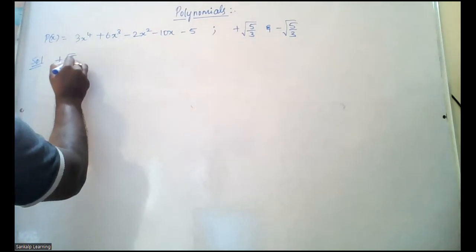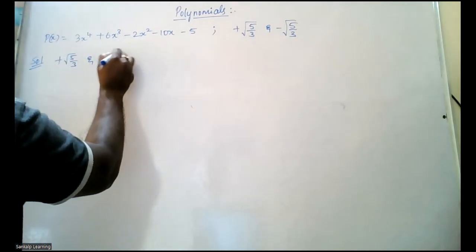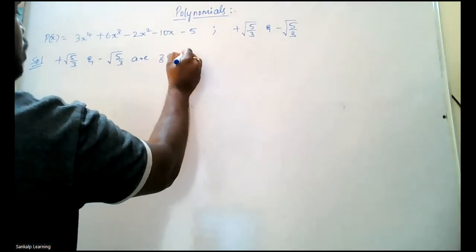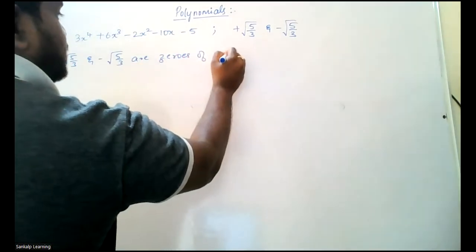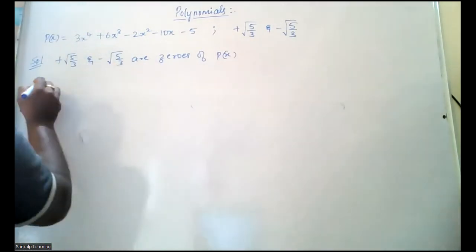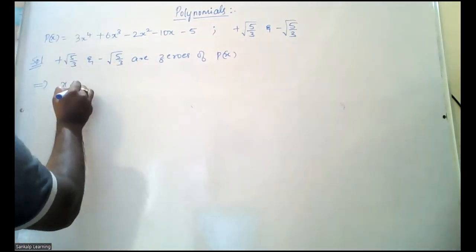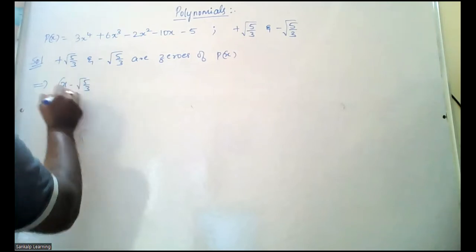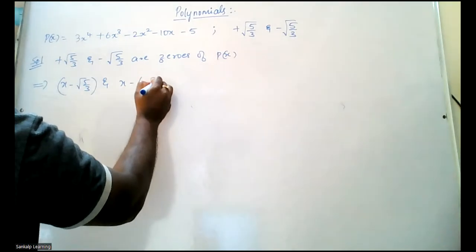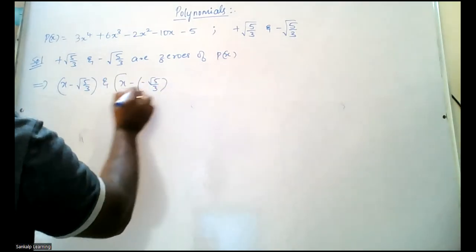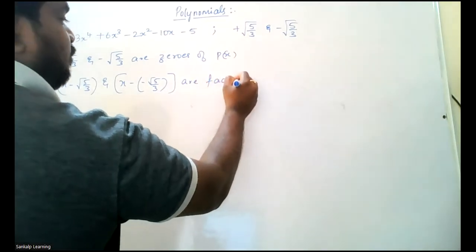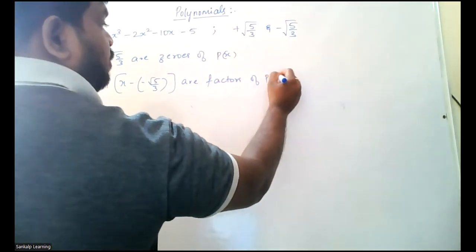Plus root 5 by 3 and minus root 5 by 3 are zeros of p of x. So p of x is this polynomial. If these are zeros, then it implies x minus root 5 by 3 and x minus of minus root 5 by 3 are factors, isn't it? Are factors of the polynomial.